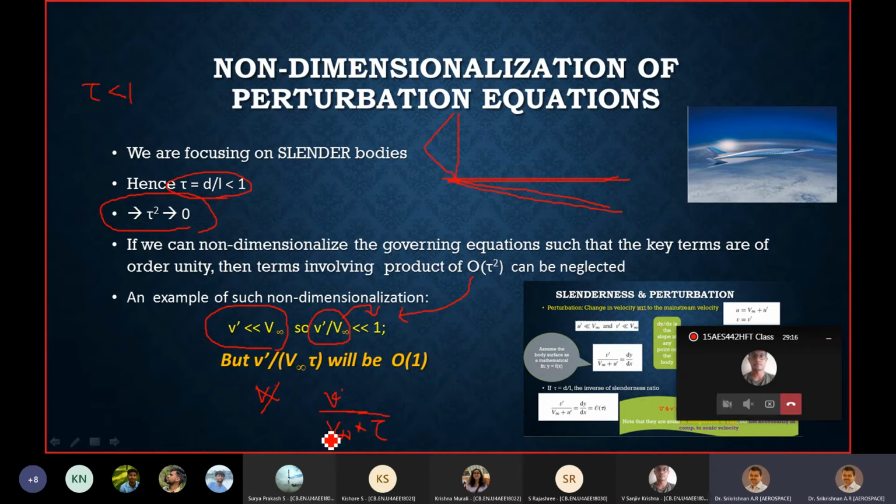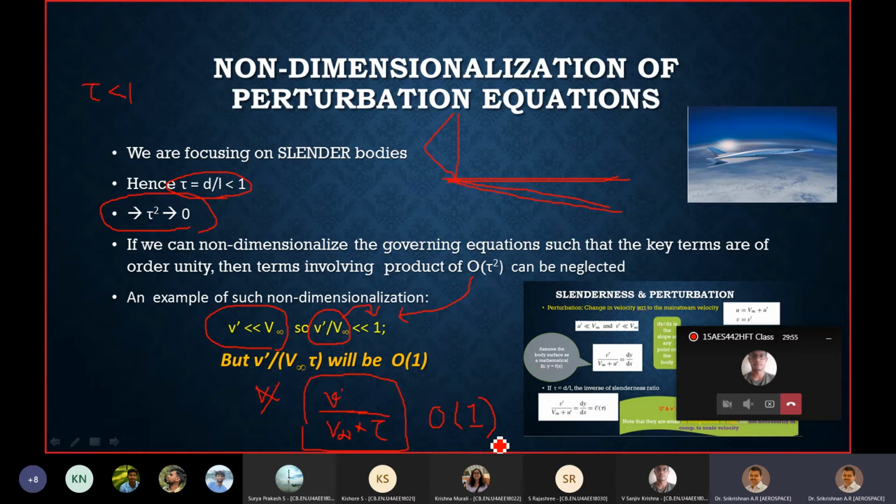So we are multiplying the denominator by a value which is less than 1, which in turn increases the value of this function. The net value of v dash by v infinity into tau can be of the order of 1. Otherwise v dash by v infinity is much smaller than 1, but now that we are multiplying the denominator by a fraction, the whole order of magnitude can be considered to be of the order of 1.